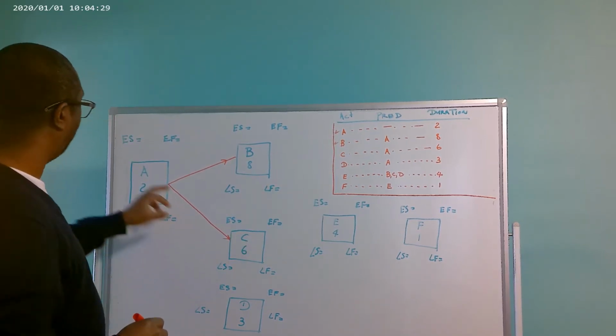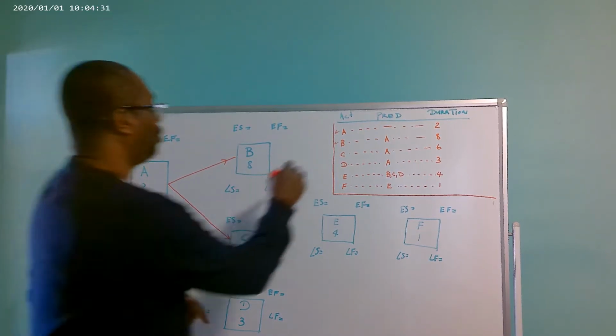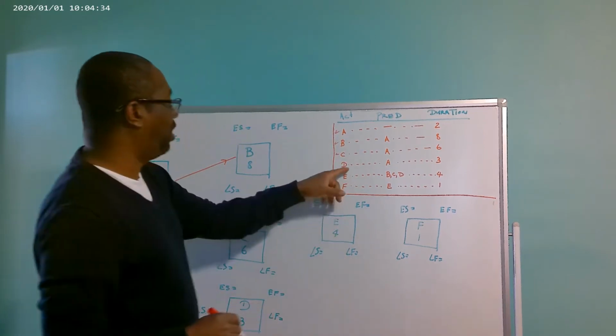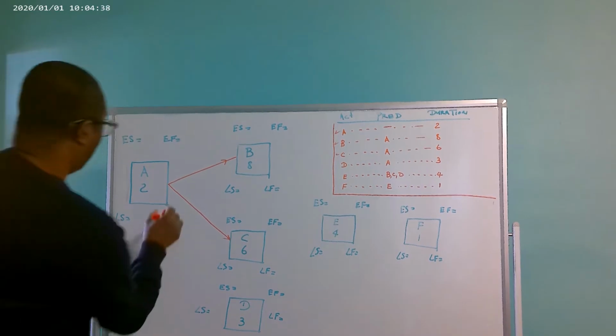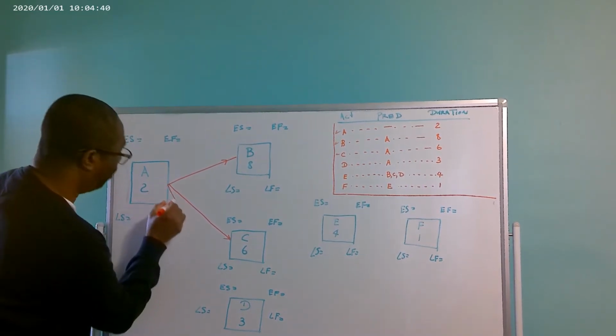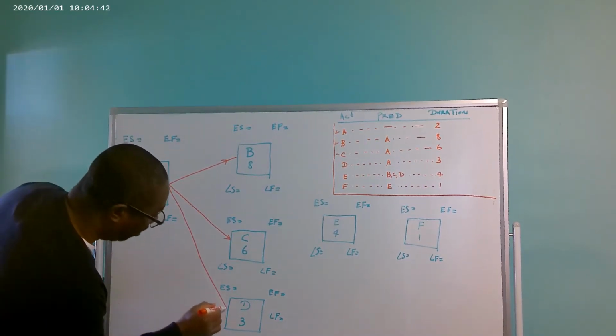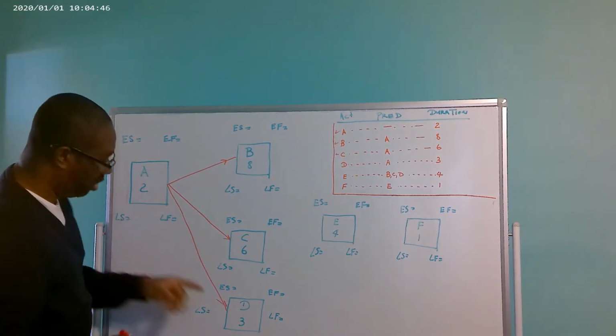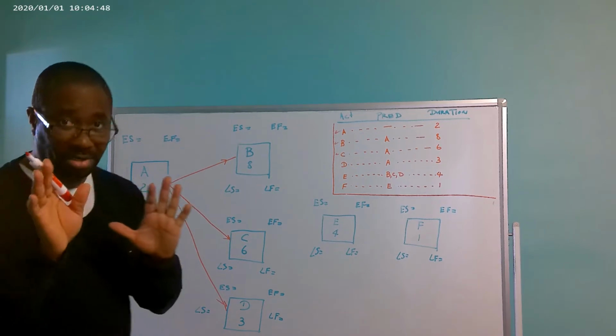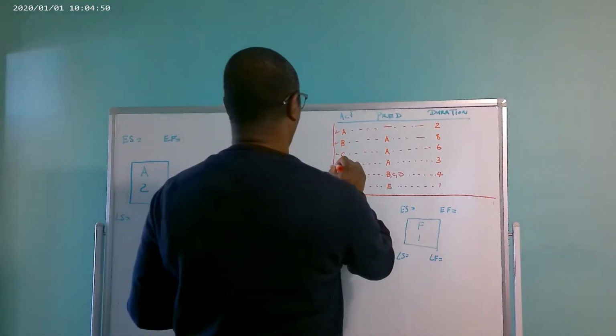Activity D also comes out of activity A, so we merge activity A to activity D. Follow? So we have dealt with this one.